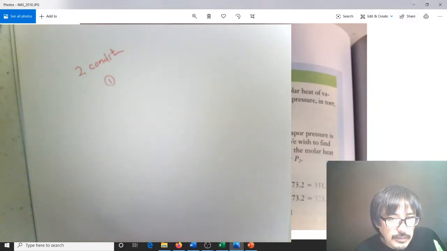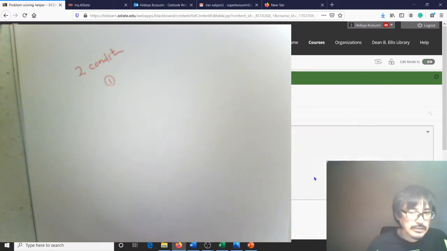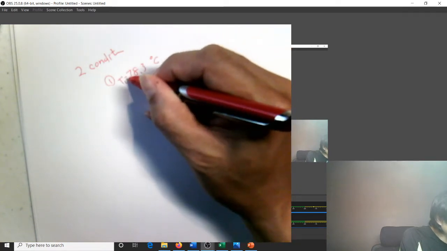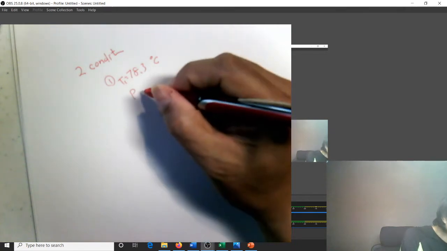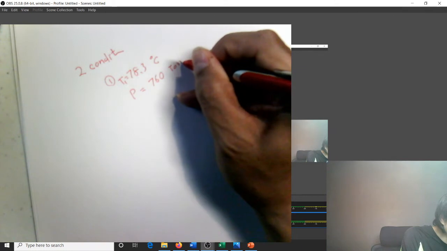I already forgot. What was the thing? 78.3 degrees Celsius. If you can't see anything, that's fine. That's 78.3 degrees Celsius. That's the temperature T1, and at this point it's boiling, right? So it's gotta equal the atmospheric pressure. So that's 760 torr or 1 atm.